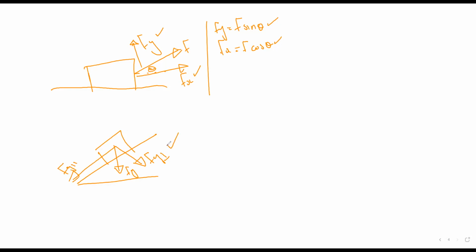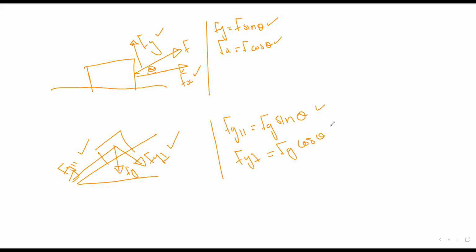Fg parallel is equal to Fg sine theta, and Fg perpendicular is equal to Fg cos theta.